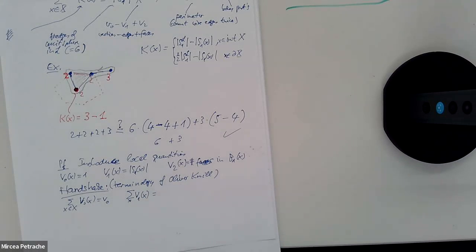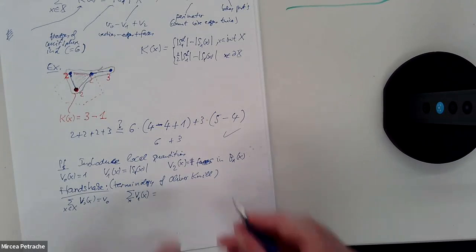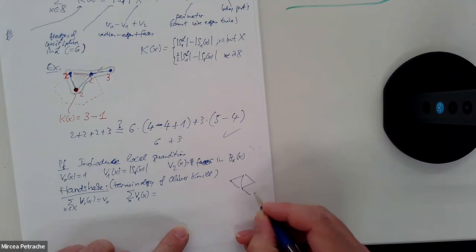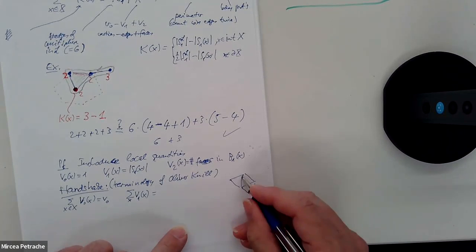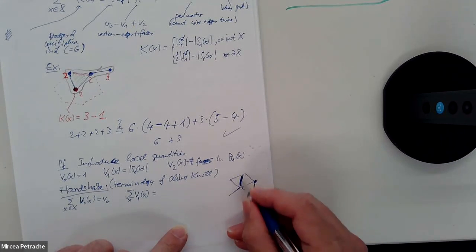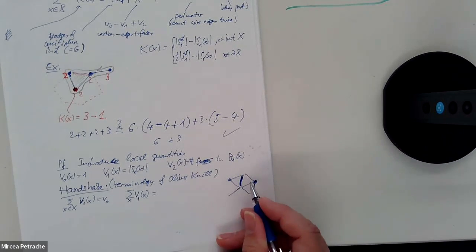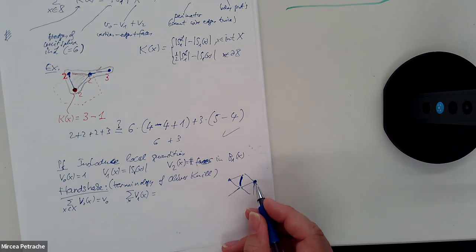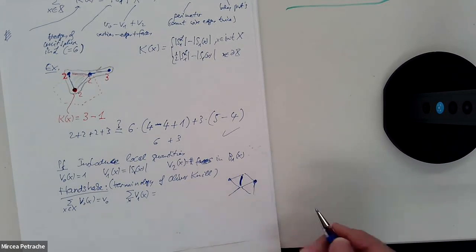Well, maybe draw a little picture of adjacent triangles. For example, whatever edge you have here, it belongs to two spheres. It's an interior edge, so it belongs to two spheres, not more nor less.